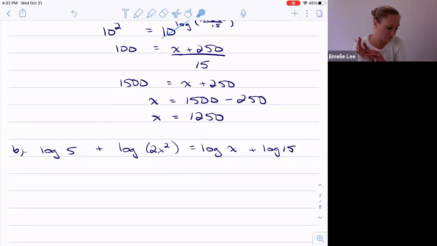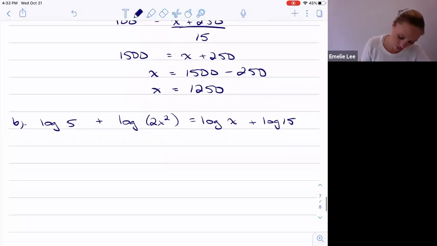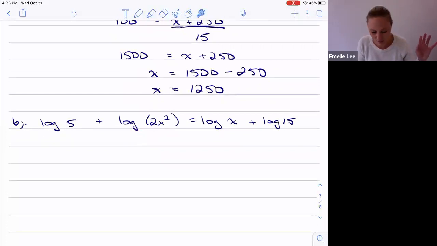You might want to keep it as two separate logs, one with just numbers and one with x's, because you're trying to solve for x. But knowing that they're the same base is really useful. So what I'm going to do is move my x logs to the left-hand side and my number logs over to the right-hand side.